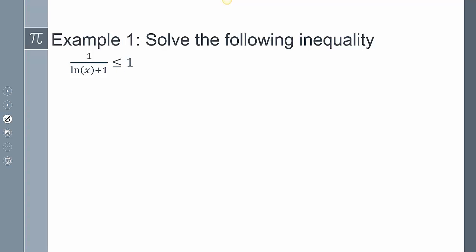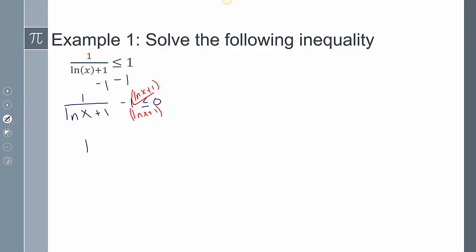So on this first one here, trying to solve this inequality, well, it looks rational, so that's probably a rational inequality, and so maybe I should subtract the 1 on both sides, and so I get 1 over ln x plus 1, minus 1 is less than or equal to 0. So I want to combine this all together because in rational inequalities we want it as one giant big thing, and so finding the common denominator, ln x plus 1 over ln x plus 1.